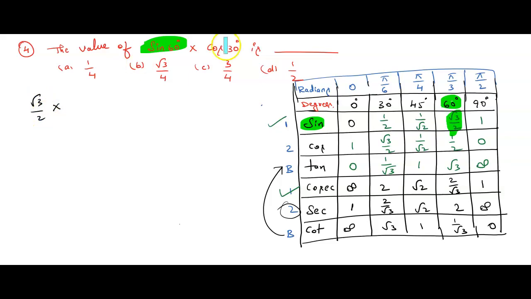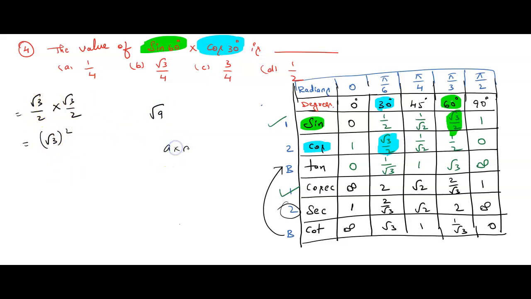Now we want cos 30 degree. So this is my cos and this is 30 degree. What is cos 30? Again you can see root 3 by 2. So cos 30 is also root 3 by 2. Now shall we multiply? Root 3 into root 3 is root 3 whole square. Sometimes you write root 9 also. Both are correct, but we take the easiest form.